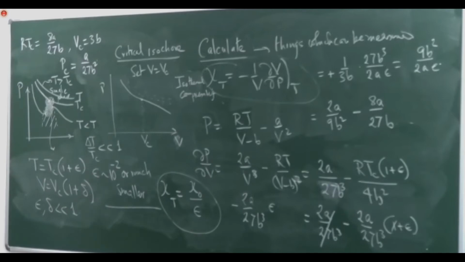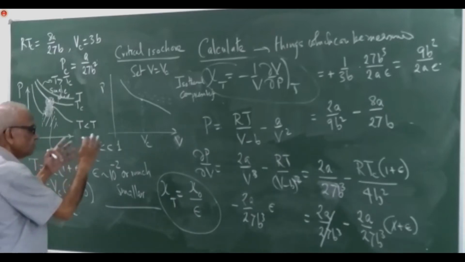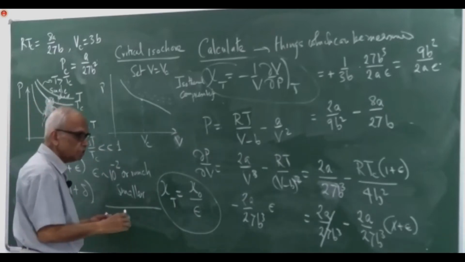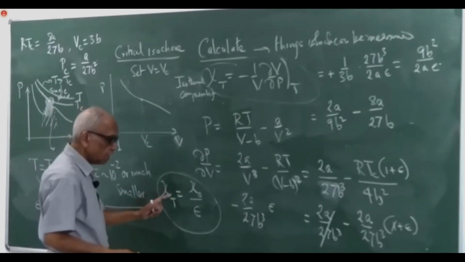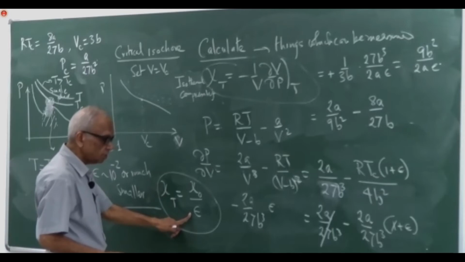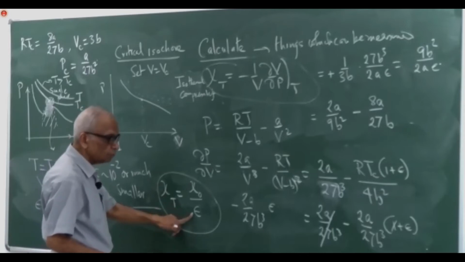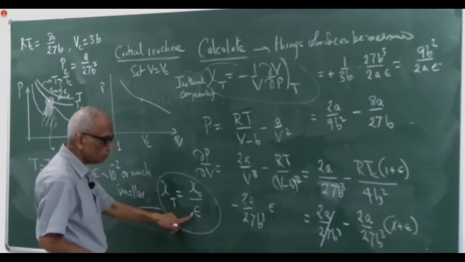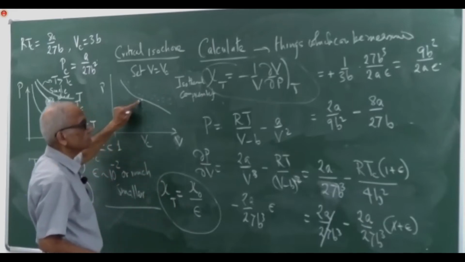What these things are called are mean field theories: you are given a good description of pressure as a function of volume and temperature. You take it, you find where there is a critical point, you do a calculation, and you find that the isothermal susceptibility is going to blow up as 1 over epsilon as the system approaches it.